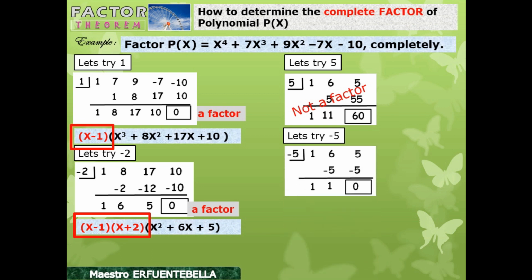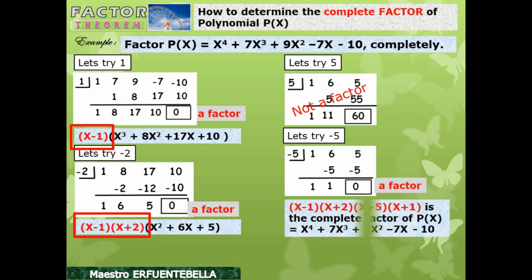So we have 1, 6, 5 as our numerical coefficients and negative 5 as r. Bring down 1, negative 5 times 1 is negative 5, added to 6 is positive 1. Negative 5 times 1 is negative 5. So the remainder is 0, therefore it is a factor. Our first factor is x minus 1, we just copy.